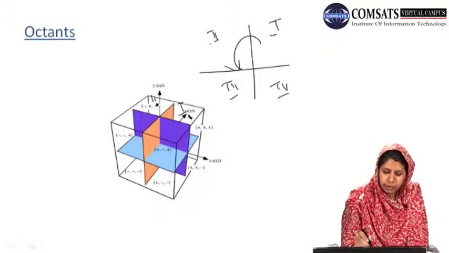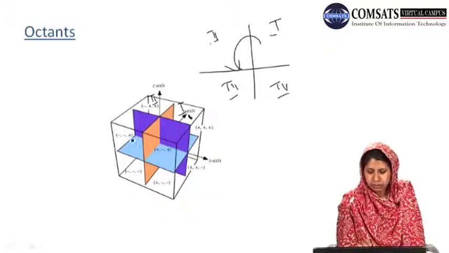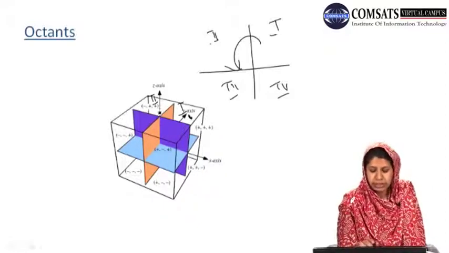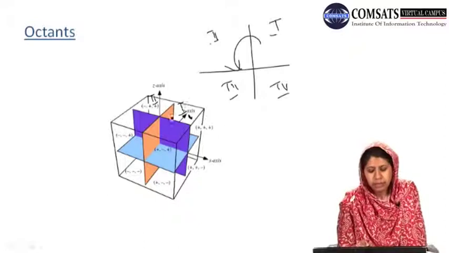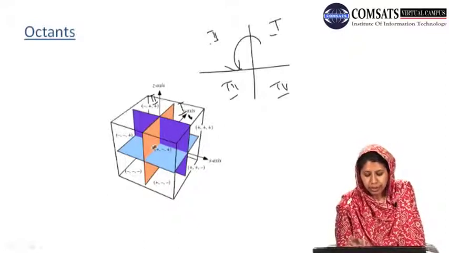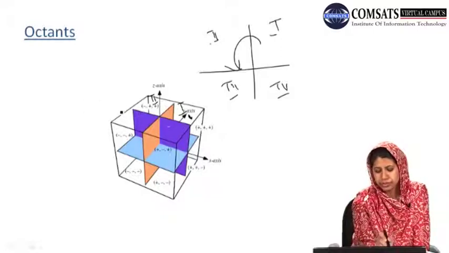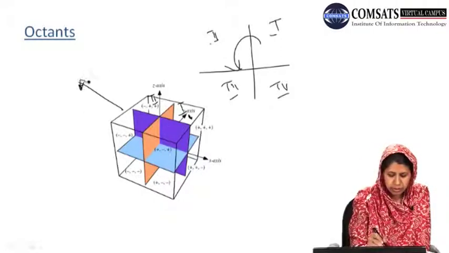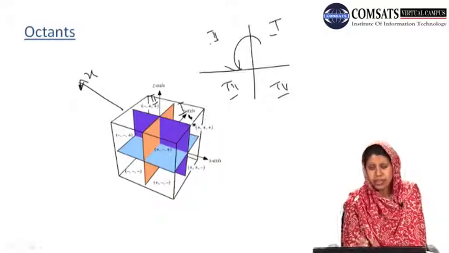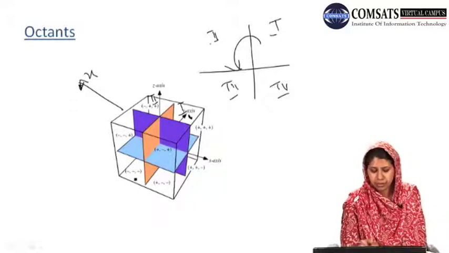Now the second one will be this plane, which is the yz plane. Basically where x is negative, as we can see these are the values of x, x is negative, but y and z are positive.